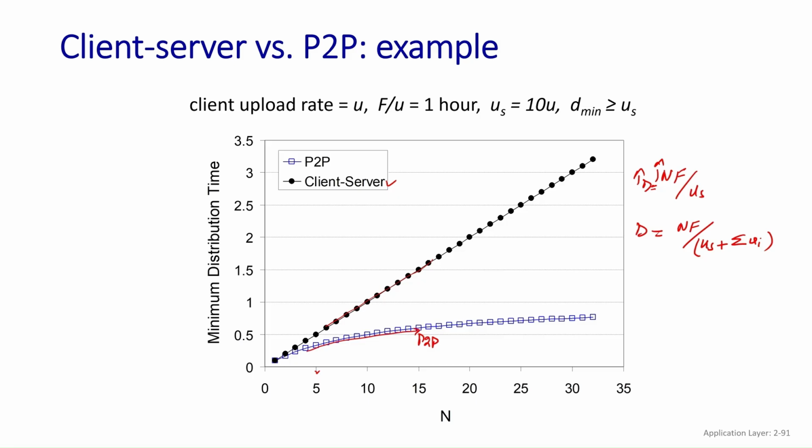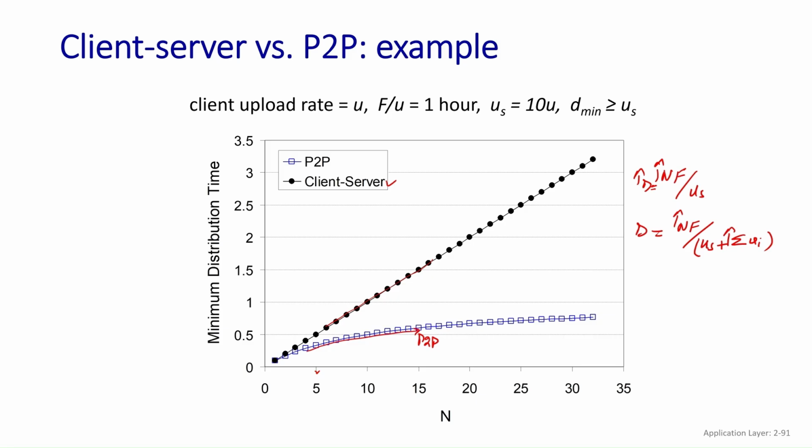So if I have to send more files, yes, n is increasing linearly, but so is the upload capacity. You can see that peer-to-peer is self-scalable.